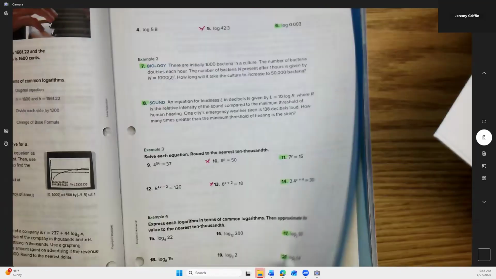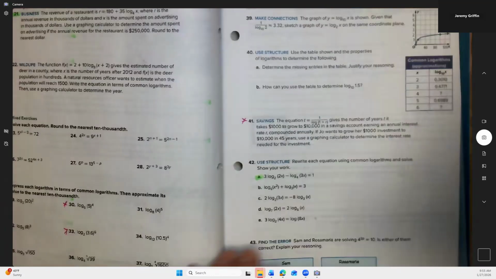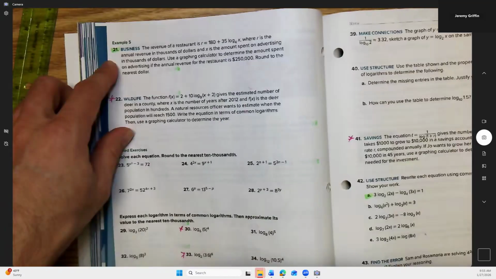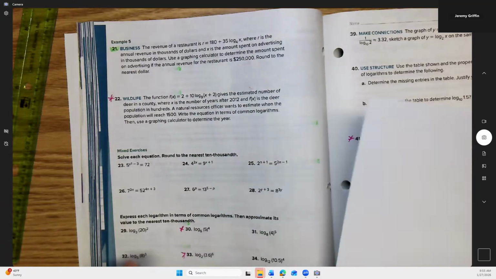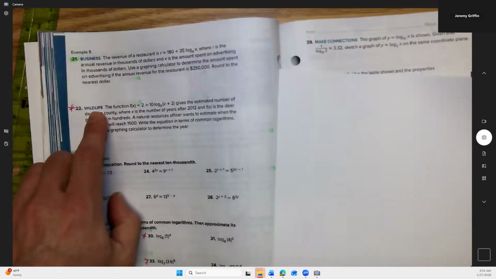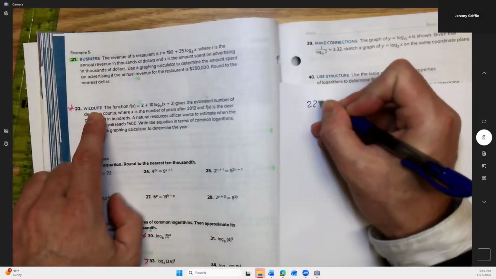All right. Okay, let's do a couple story examples. Again, a lot of the green highlight story examples are already recorded, so if you want to watch those later, you totally can. But here, let's do wildlife. 22, wildlife.